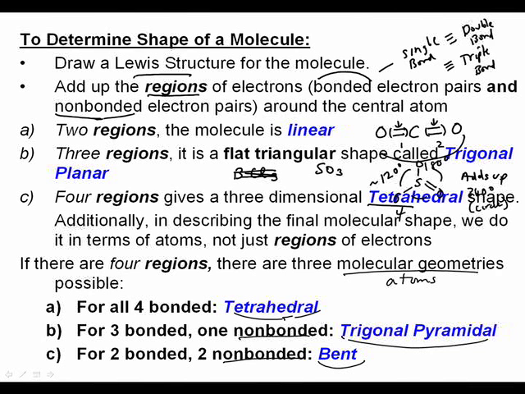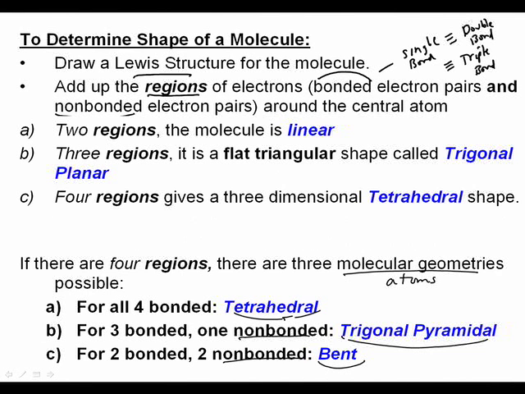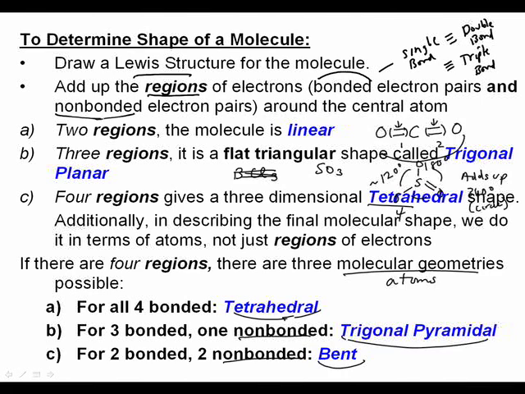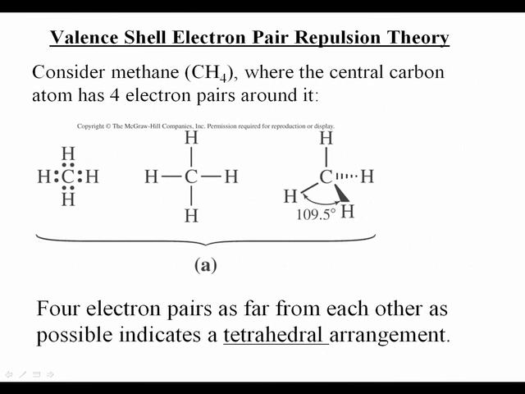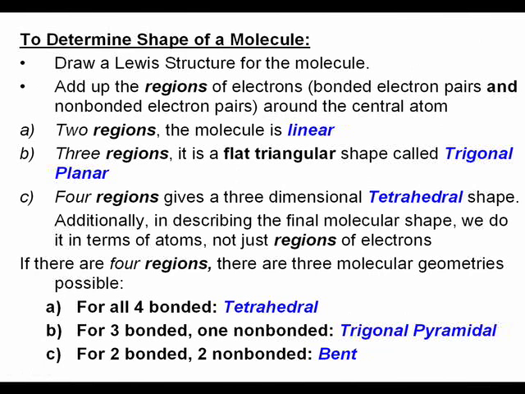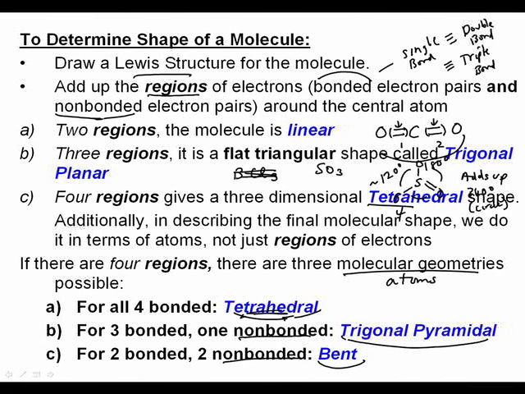I want to say that they will affect how the areas of high electron density are arranged around the central atom, but the actual shape is based upon the bond angles between the different atoms. Let's look at an example. Actually, we're going to look at these words, trigonal bipyramidal, bent. Those are the two new ones.